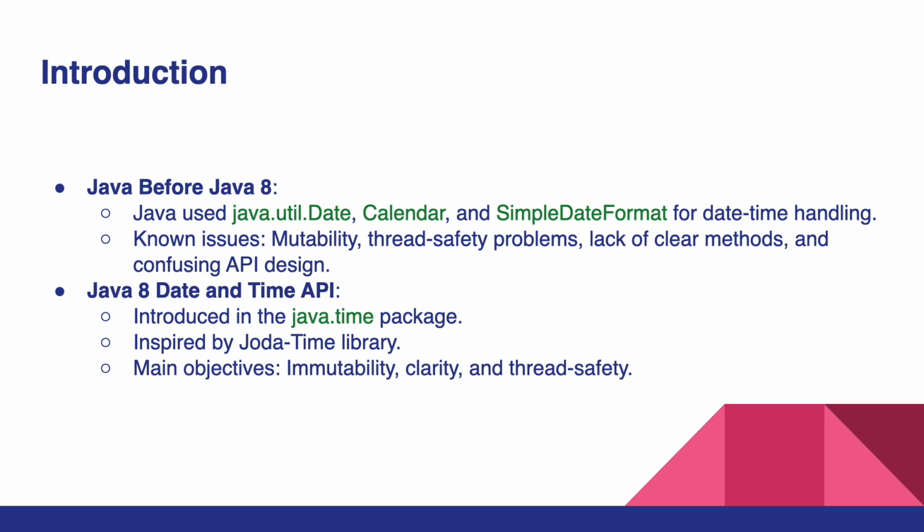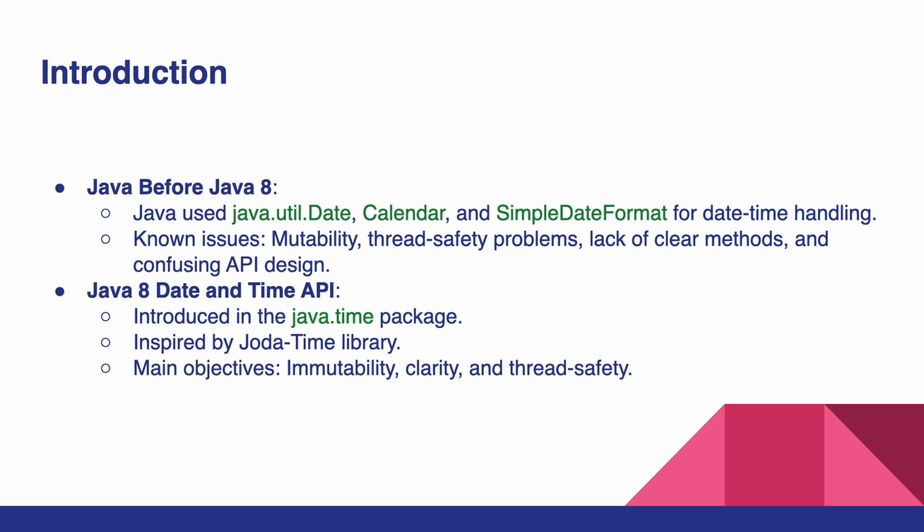These classes were plagued with issues. Date was mutable, making it unsafe in multi-threaded environments. Calendar had a cumbersome API, and SimpleDateFormat was notoriously non-thread safe.